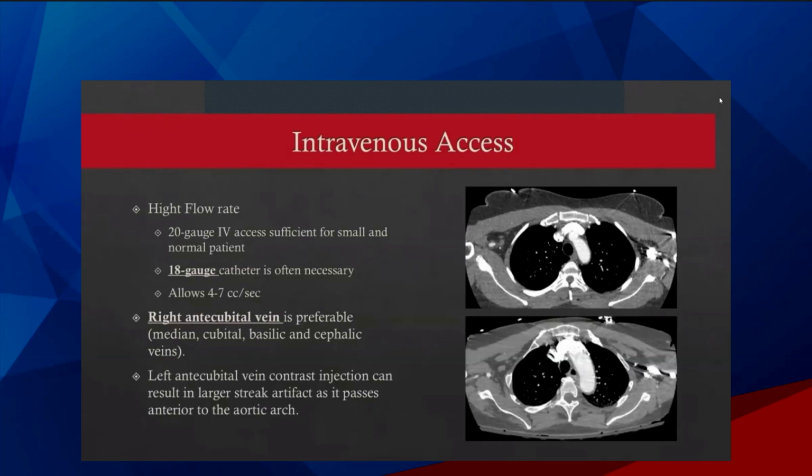It's preferable, as the right side vein is larger, because the left antecubital vein contrast can result in streak artifact that passes over the arch, as you can see in the pictures here. In the bottom, you can see where there's a lot of streak artifact. And this one on the top, not so much, but there's a potential for obscuring the anatomy if you're looking for the arch. That's why we normally would want the right antecubital vein for our cardiac studies.